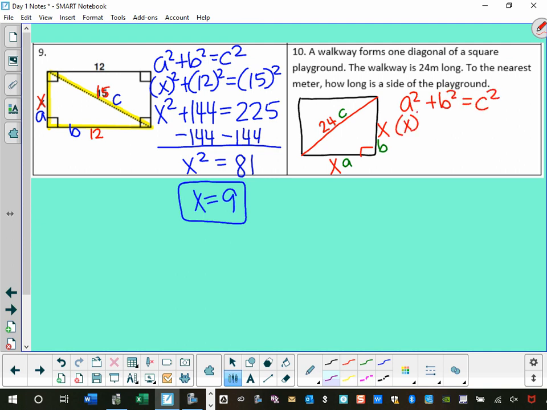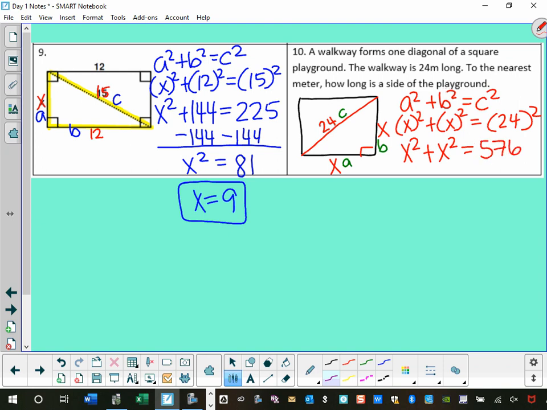So I have x squared plus x squared is equal to 24 squared. So x squared plus x squared is equal to, what is 24 squared? 576.